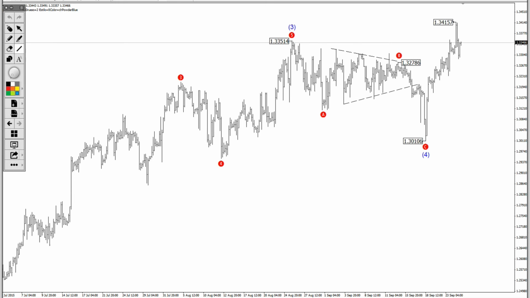So more upside is expected in US dollar Canadian, and quite clear wave counts actually on most of the pairs I analyze. So quite good opportunities on the market right now.